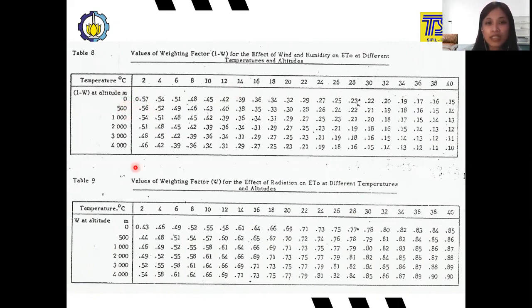And then if we look for 1 minus W, we look at table 8. After that, we can know the number of the W based on the results. For example, here we got 1 minus W equals 0.23, so we know the W is 1 minus 0.23, which is 0.77.